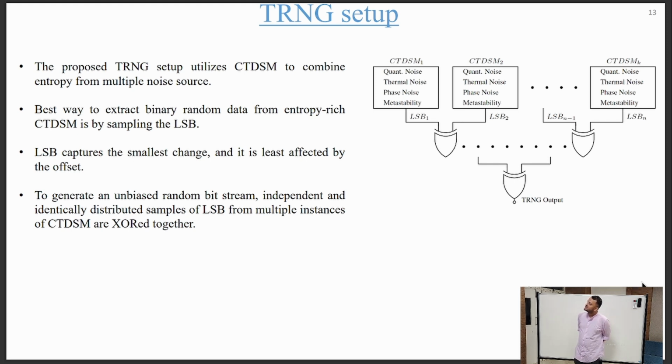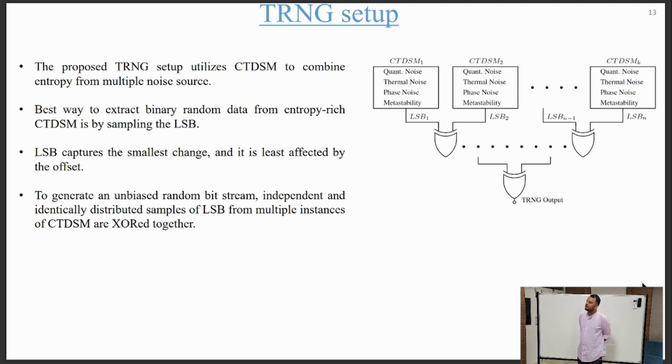So this was our setup. We wanted to use a CTDSM to extract entropy, and the best way to extract randomness from a CTDSM is by sampling its LSB, because the LSB captures the smallest change and is least affected by circuit offset.